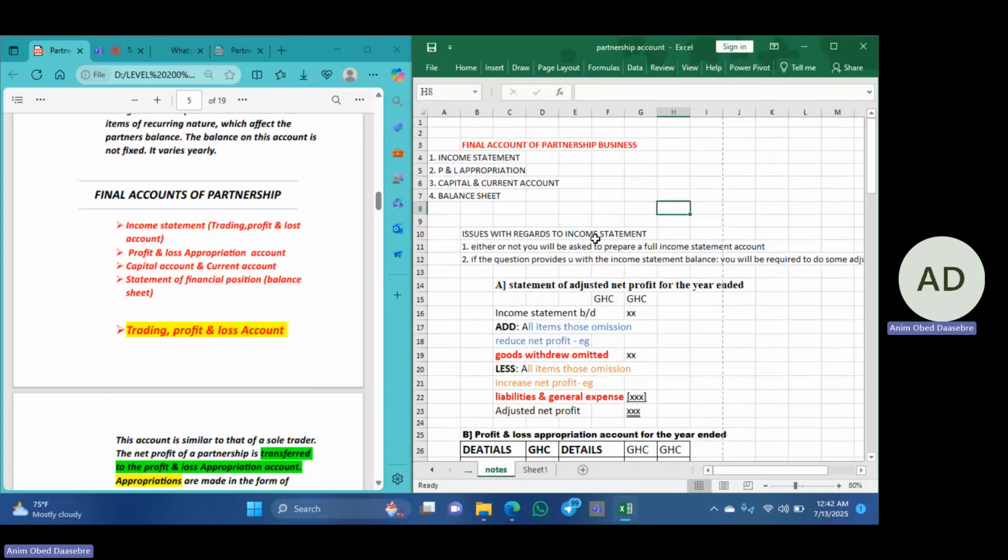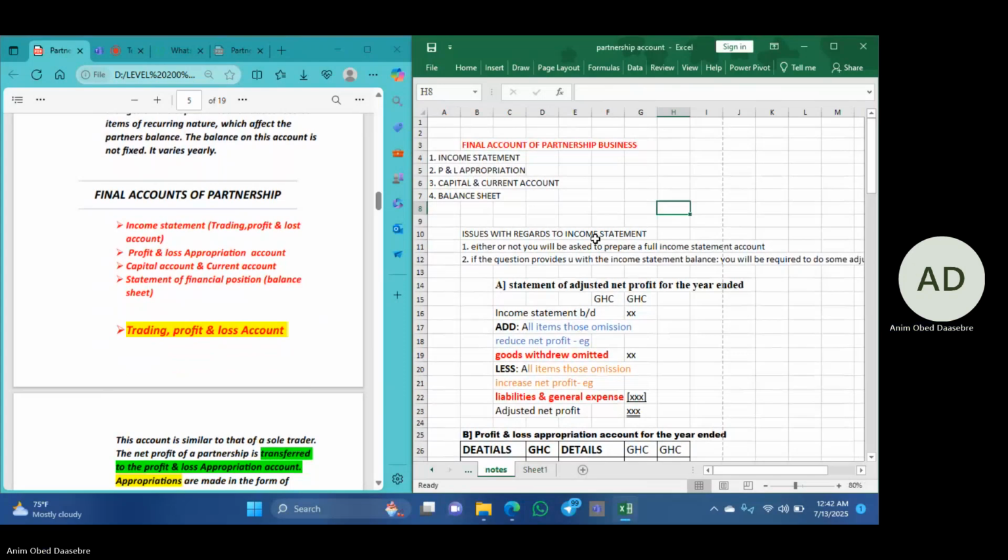No. You need to consider certain things, because when the income statement was prepared, maybe last year or something, they did not record certain items in the income statement.